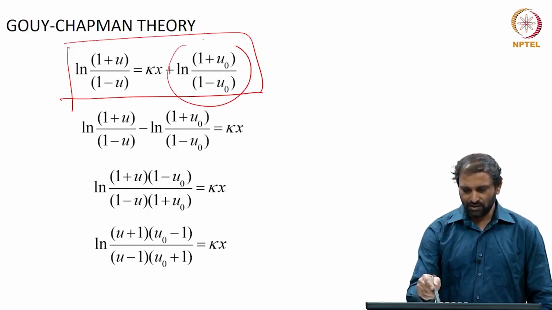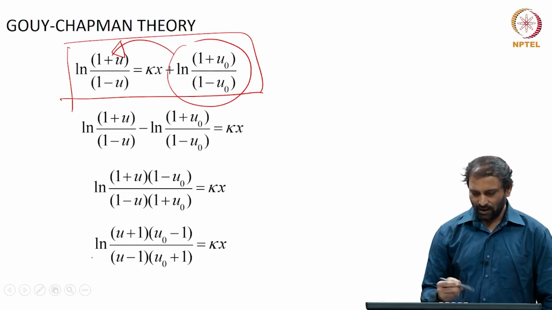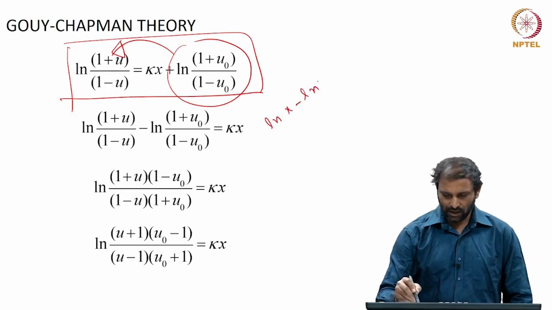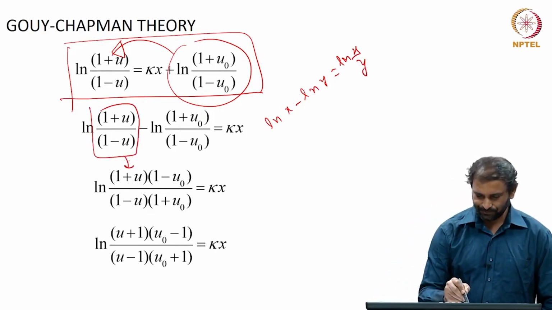I can take this onto the other side, and if I again use the condition that ln of x minus ln of y is equal to ln of x by y, I have this term here.